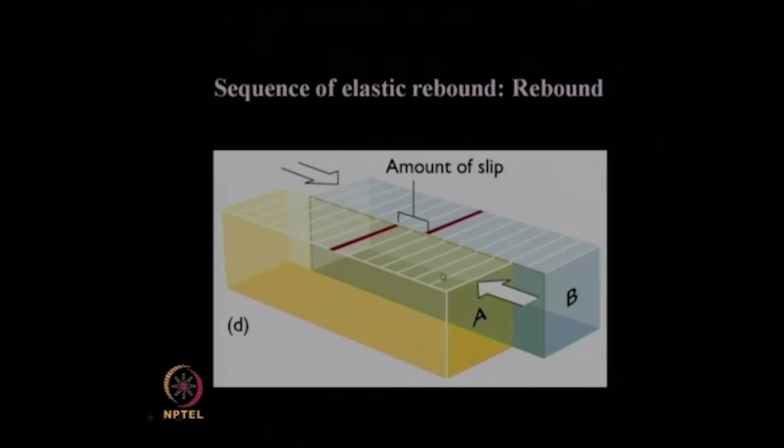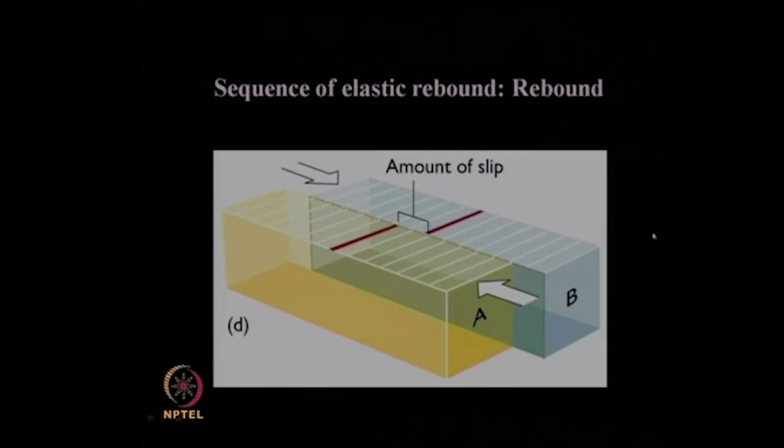Each of these blocks now goes to another state of equilibrium, leaving this red line on which we were monitoring those points and their movement. You can see now they are completely shifted by a certain amount, which is nothing but the amount of slip.